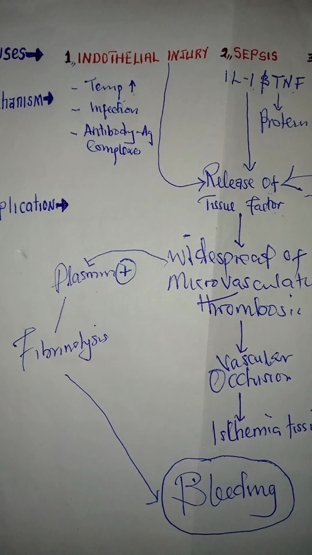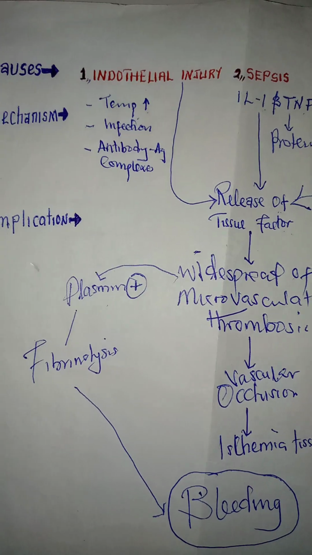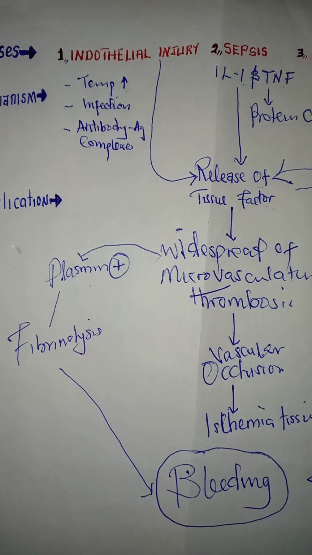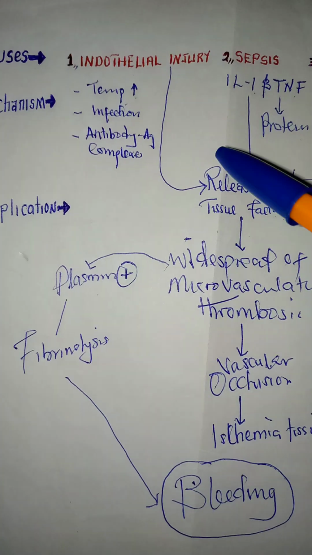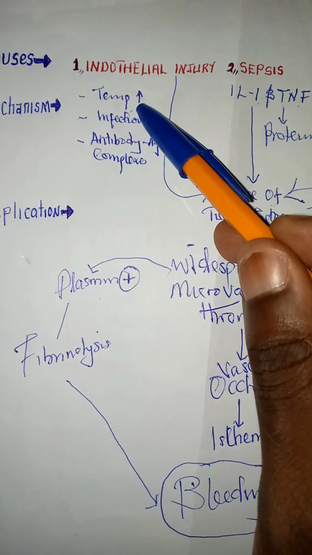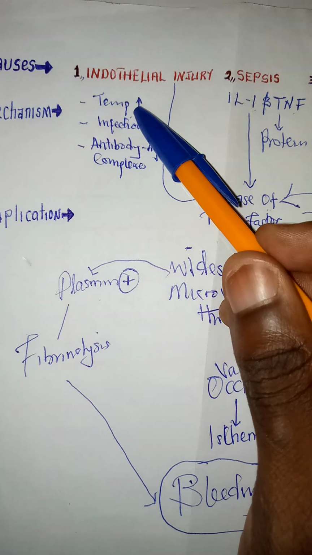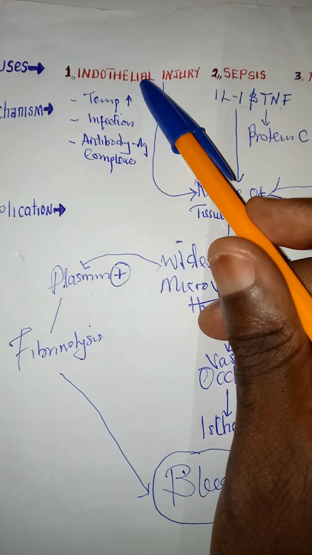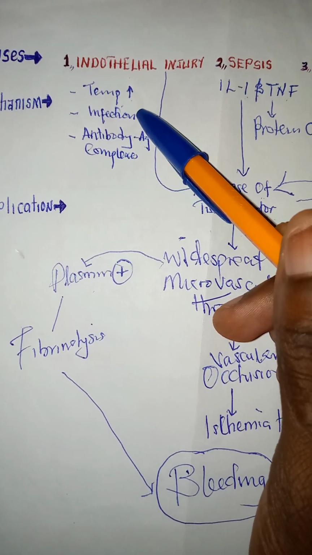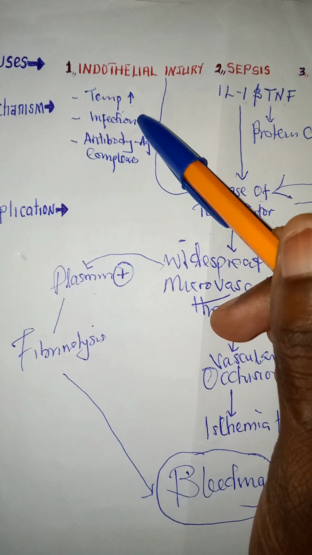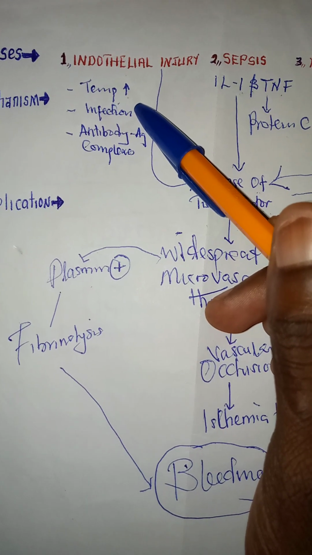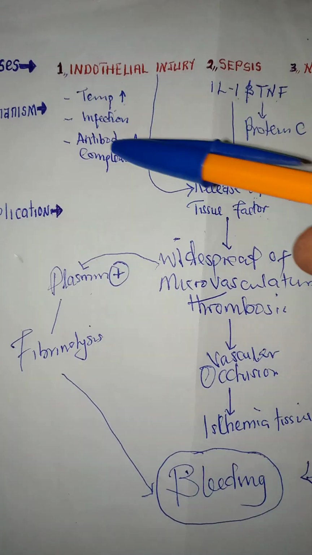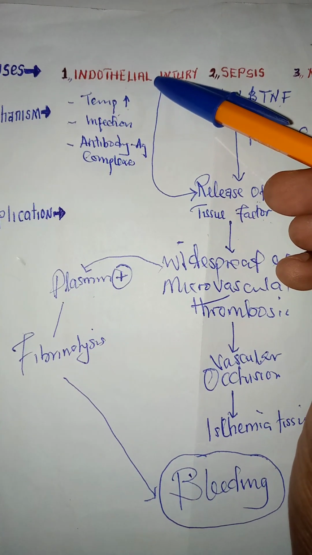Endothelial injury can be due to extreme temperature, in this case burns, which can lead to endothelial injury. Also infections such as rickettsia and meningococcal infections can lead to endothelial injury.